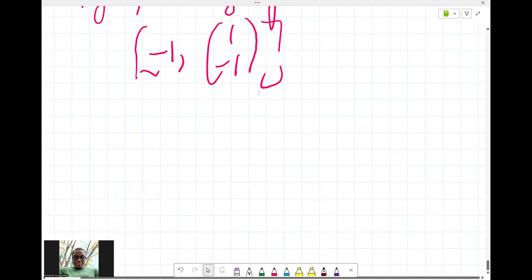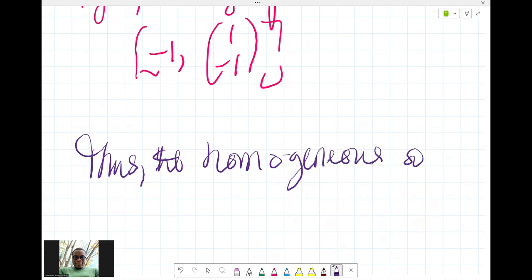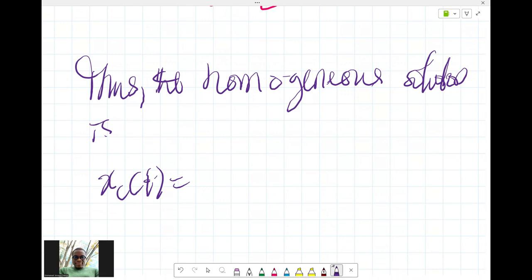So you can say, thus the homogeneous solution is xc of t, which is equal to, if you remember, okay, well, I'll just write it out generally.